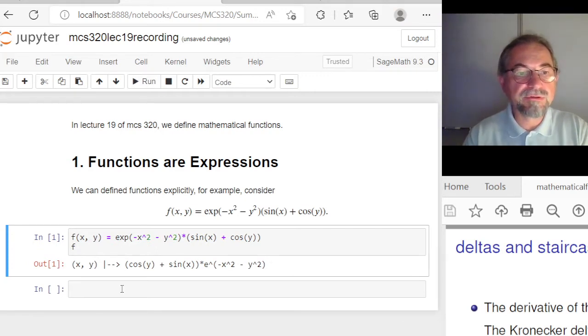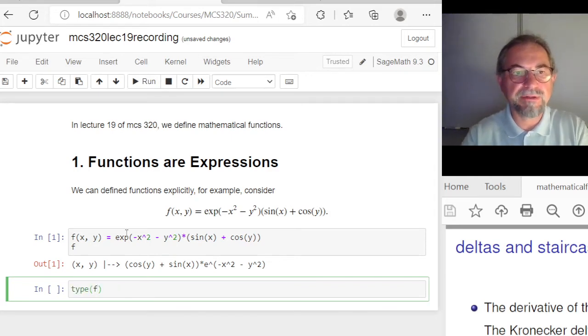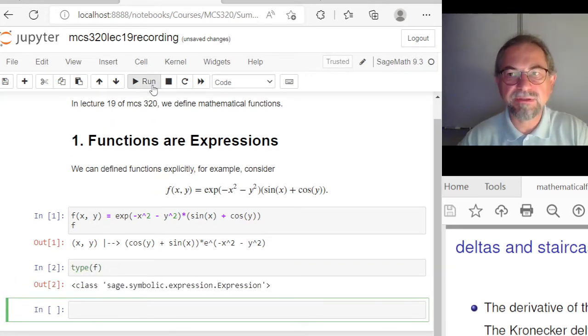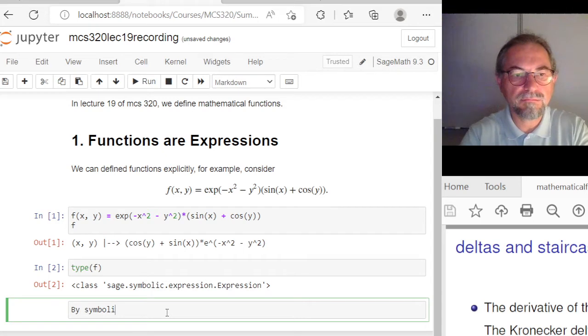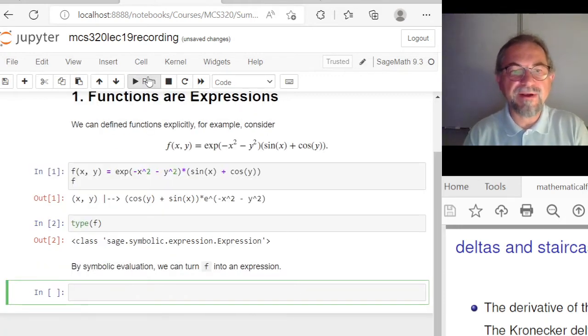So this looks different from an expression, but if I ask for the type, then it is essentially an expression. So I can turn this into an expression by symbolic evaluation. I could use the variables x and y again, but that could be a little bit confusing.